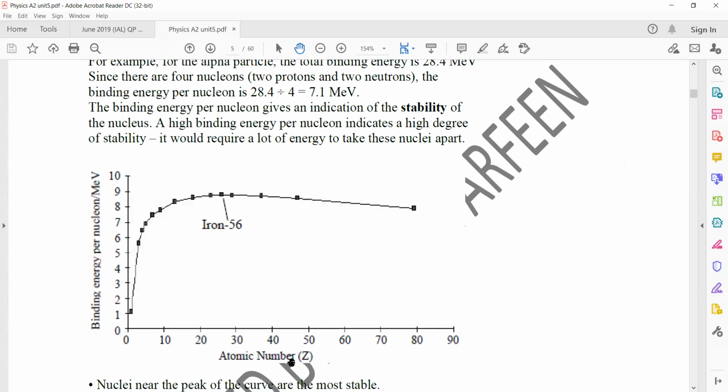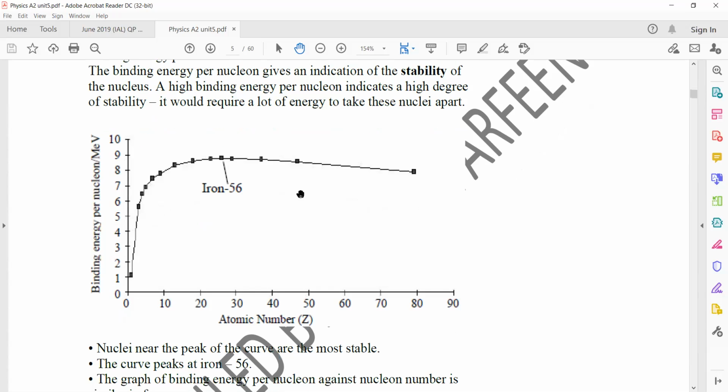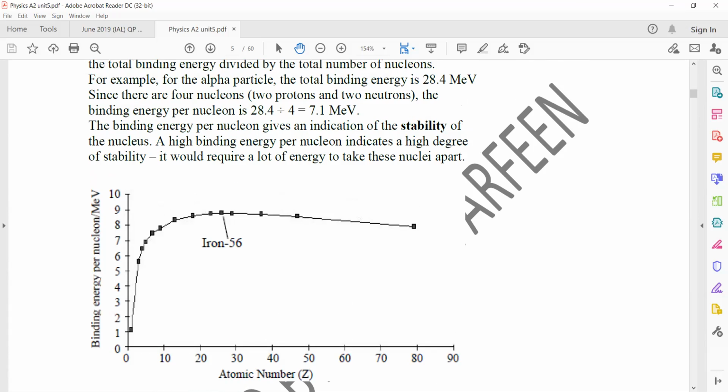The maximum value of binding energy per nucleon you will find for iron. So it means in terms of nuclear stability, iron is the most stable nucleus, at about 8.8 mega electron volt per nucleon.